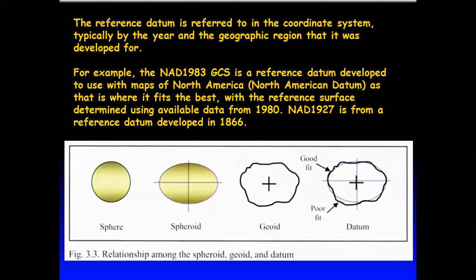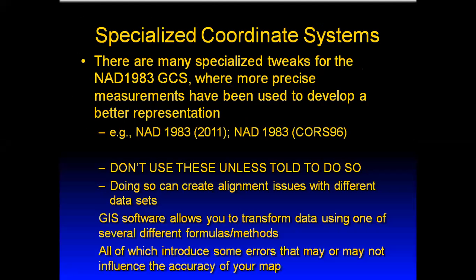And at that time, that type of shape is generally referred to where the boundaries of North America are, with reference to the surface determined using available data from the 1980s. A reference datum was also developed in 1866. All these details are not required, but what is important here is the purpose of the coordinate system.